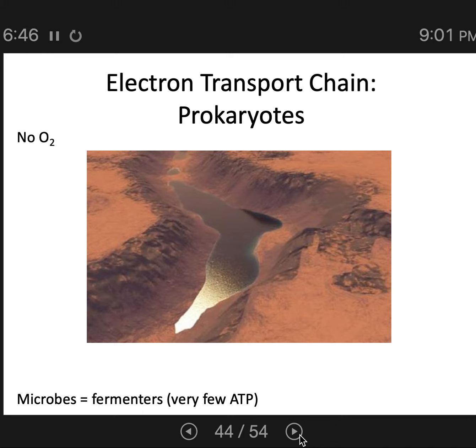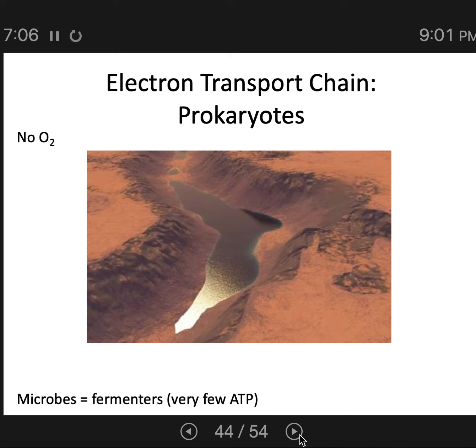In these anaerobic conditions, the earliest microbes used fermentation, which we'll get to next. Fermentation is very inefficient. It's a very poor way to extract energy from food molecules, but it works acceptably, right? And then anaerobic respiration to generate ATP.